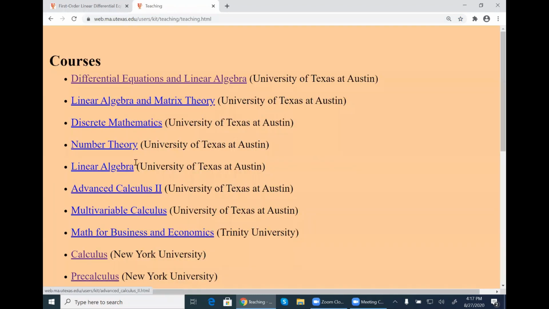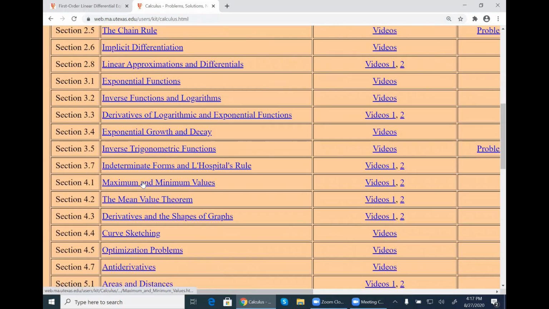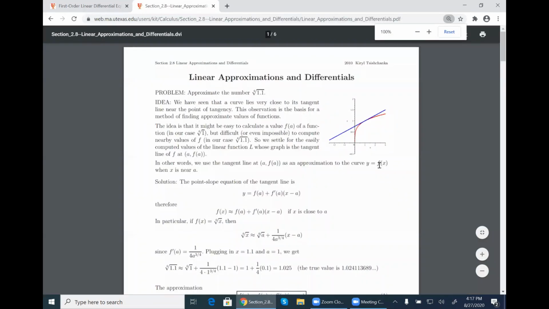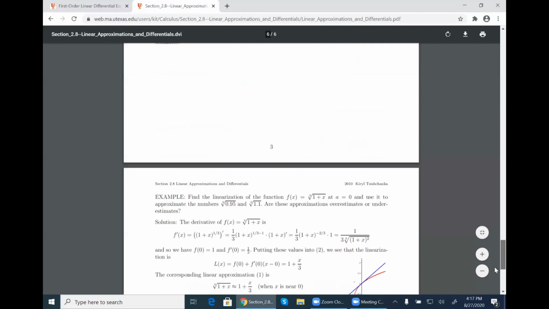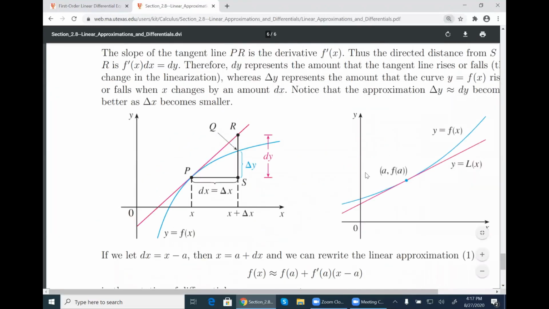We click on calculus, and then section 2.8, linear approximations and differentials. This is what we need. Click on this, scroll down. Please take a look at this picture. So, consider some function y is equal to f of x. Here is its graph.